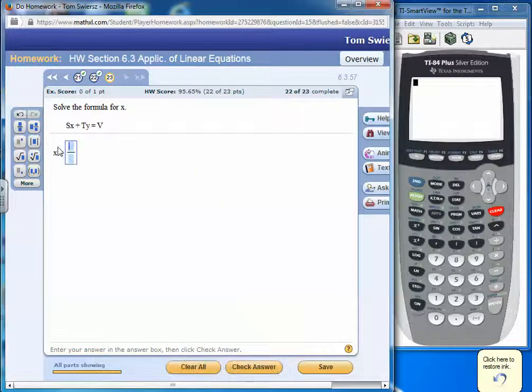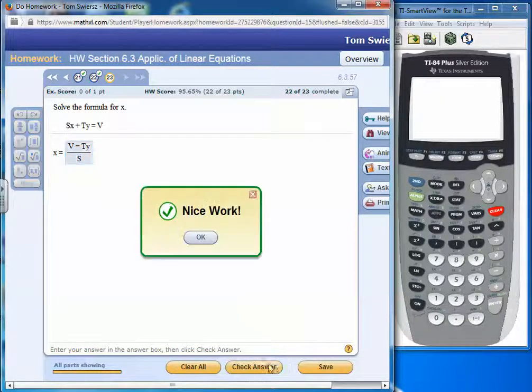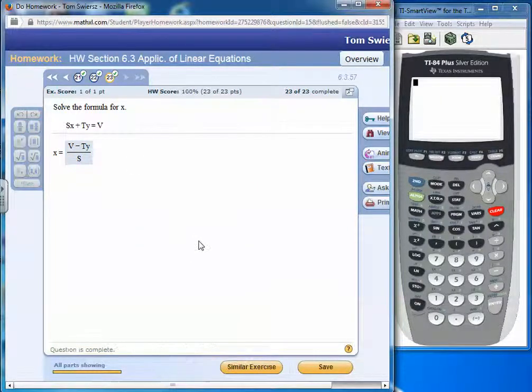Choose fraction, capital V minus capital Ty all over capital S. And that is indeed the correct answer.